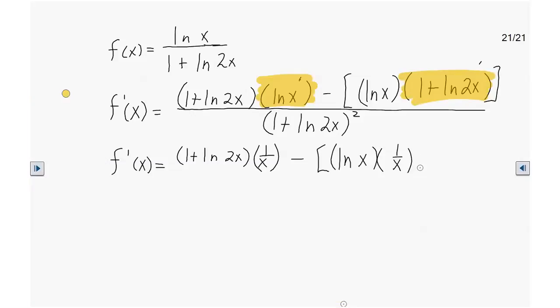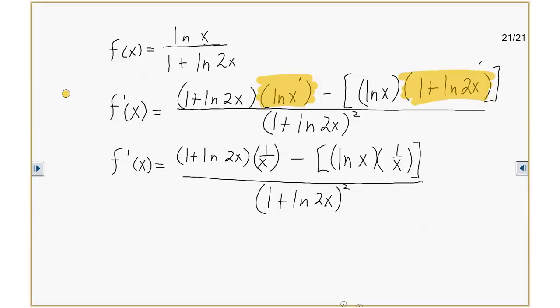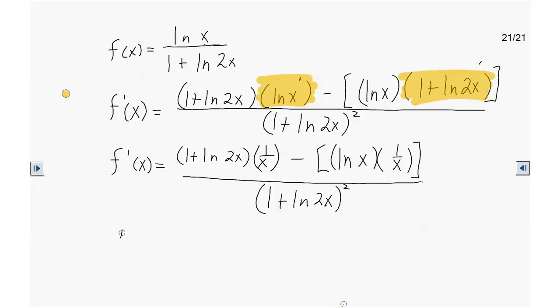Y'all check me, over 1 plus natural log of 2x quantity squared. Y'all check me on that last one. I think that's right. The 1 over 2x times 2, 2 over 2x is 1 over x. Right?